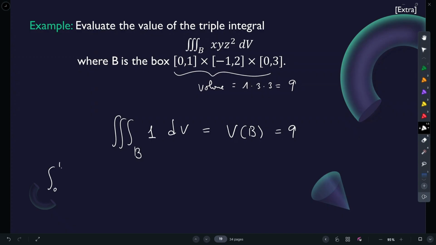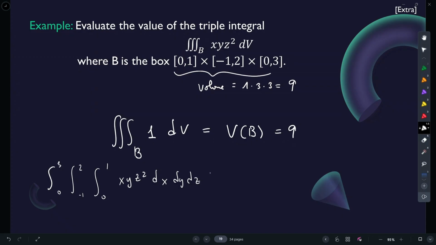Okay? Thank you. The other thing I wanted to mention while we're here is that when I integrated from 0 to 3, from minus 1 to 2, from 0 to 1 of x y z squared dx dy dz, remember that if I have functions that are products of functions in x and y in a double integral, I can actually split it up as a product of integrals.